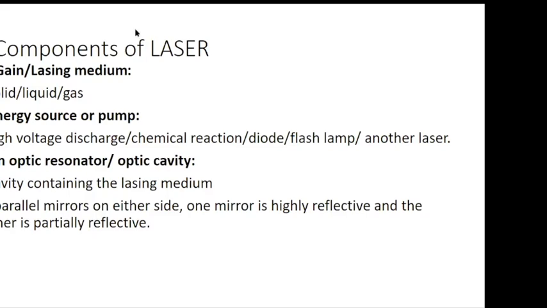This cavity contains the lasing medium, and it has two parallel mirrors on each side, and one mirror is fully reflective and the other one is partially reflective. You will get to understand why you have to have these two different mirrors parallel to each other.